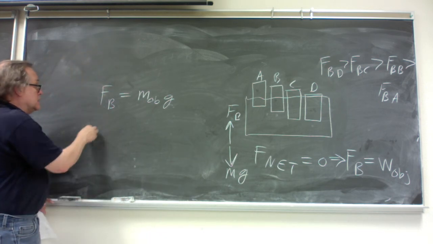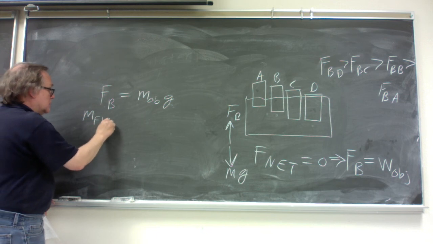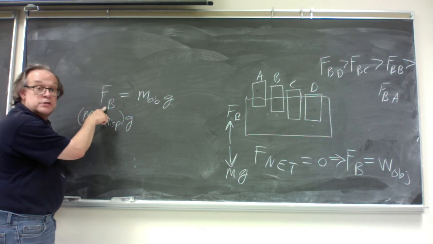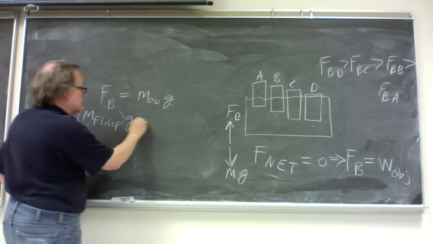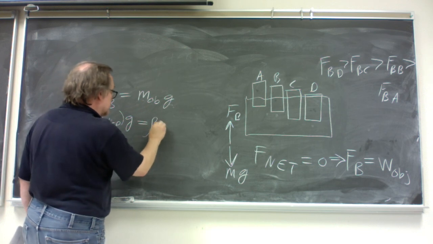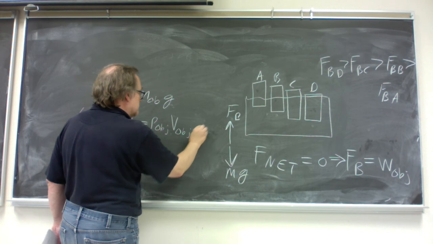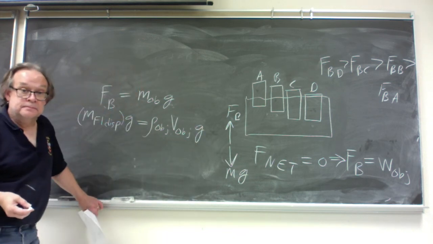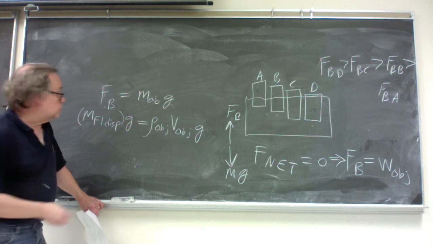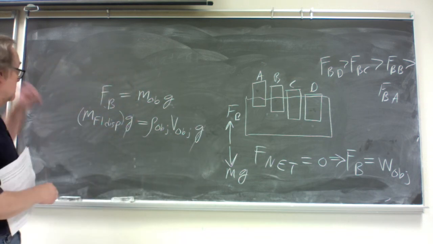This is the mass of the fluid displaced times g. Like buoyant force is the weight of fluid displaced. And then this mass is density of the object times volume of the object times g. There's a factor of g on both sides of that equation, so they can cancel out. Divide the whole equation by g, and those g's disappear.